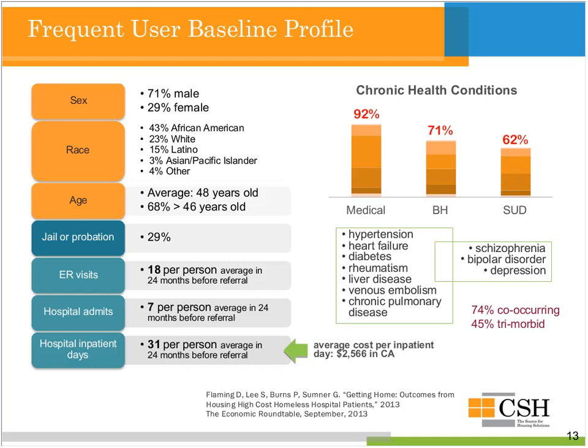So starting with a national study of this population and ending with local results, you really see these conditions bearing out as the actual profile of frequent users of crisis health services.